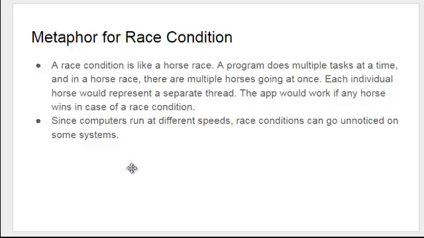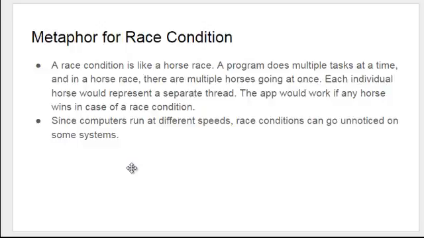A specific example would be that the application would work if horse number 3 wins, but it crashes if any other horse wins. A solution to fix it would be to let horse number 3 win by having the other ones just slow down, go slower, to let horse number 3 go ahead and win.